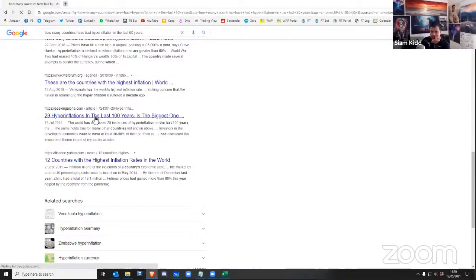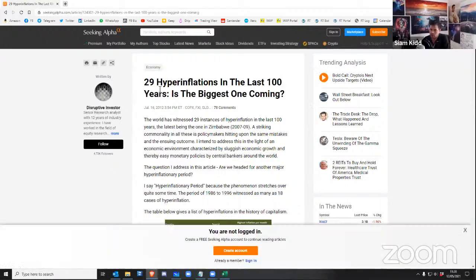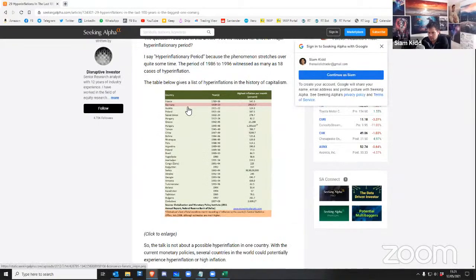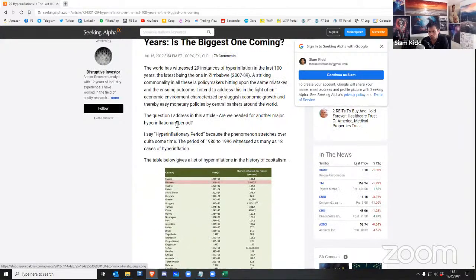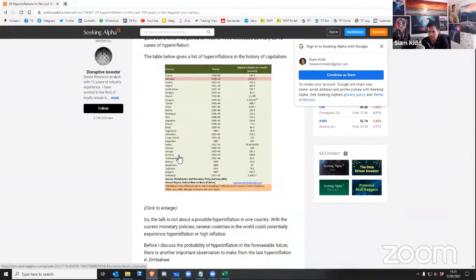Okay, so obviously I haven't fact checked this. This is just looking at one little article. Apparently this article, from 2012, says 29 hyperinflations in the last 100 years. There's been a few more because Venezuela was a recent one, and Argentina's had a few more since 2012. But yeah, it happens a lot.